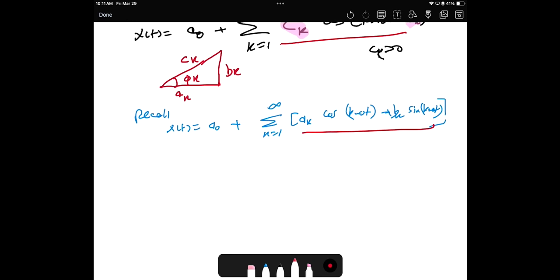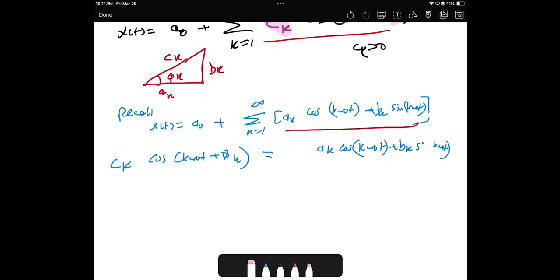So we can say c k cosine of k omega naught t plus phi k equals a k cosine k omega naught t plus b k sine k omega naught t.